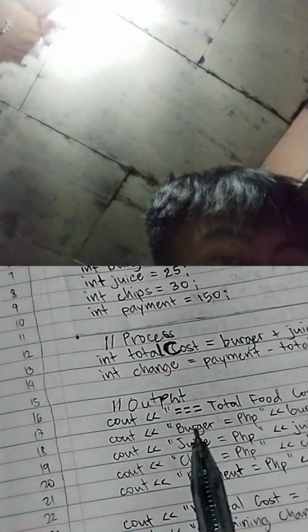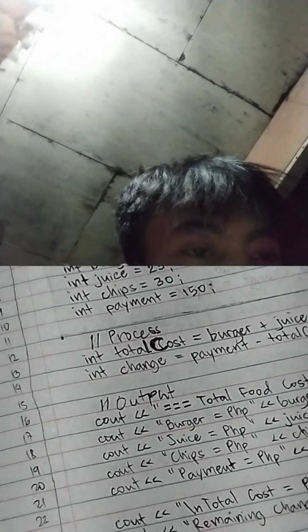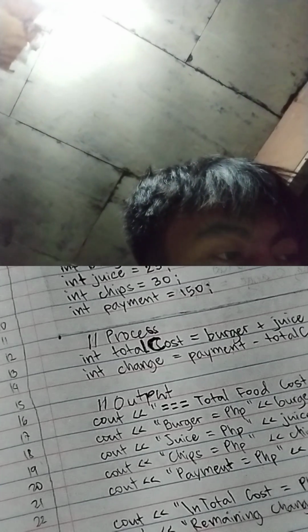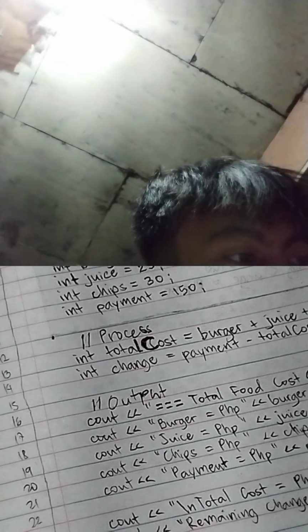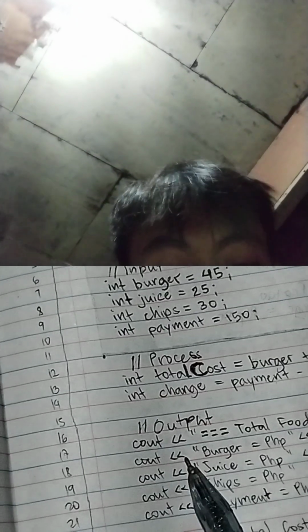Cout means the output text or the display text on the screen. And endl is the end line so that it will execute correctly. And this symbol, angle brackets, is used to enclose library names.